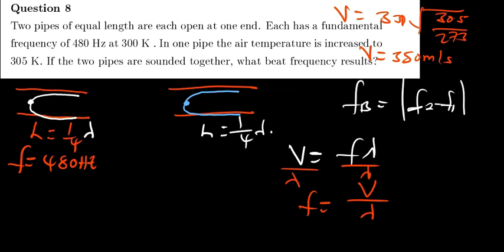Lambda can only be found if I get to know the length. I have L, the length, and it is the same. So if the length is the same, even the lambda will be the same. How can we find the lambda?